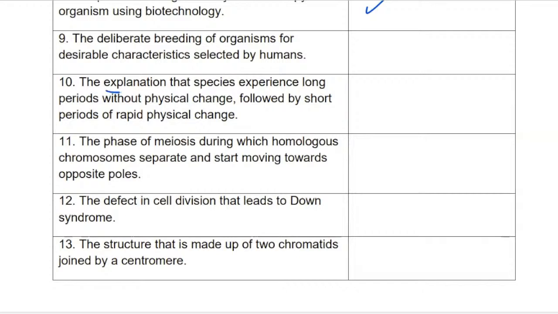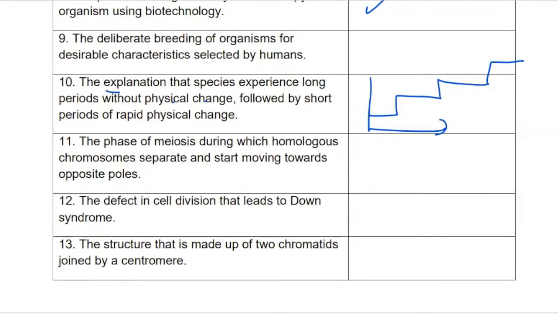The explanation of the species experiencing long periods without physical change followed by short periods of change. Now, I think in your mind, you have the answer. We are testing ourselves now. So it looks like this. Long periods of no change, and then short periods of what? It must go like this, the ladders.